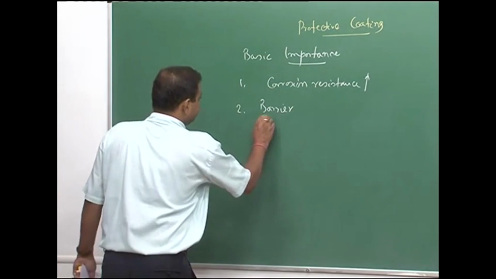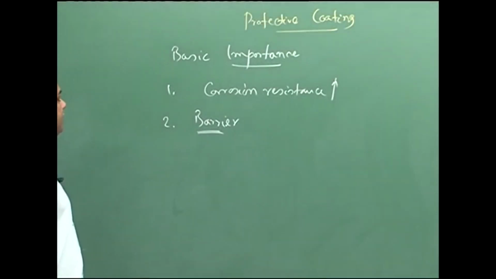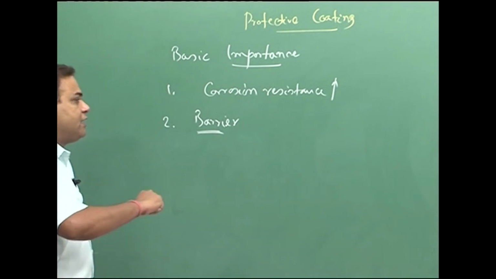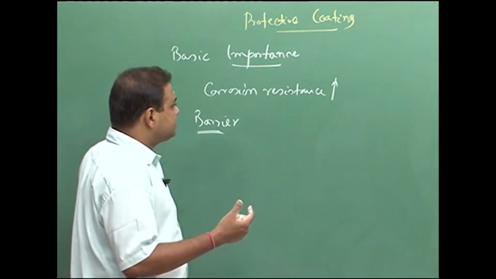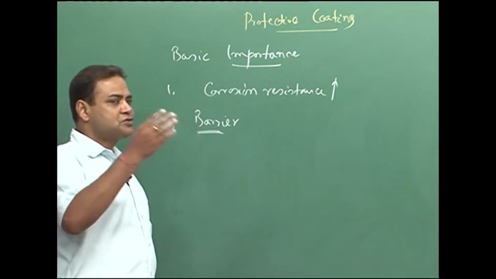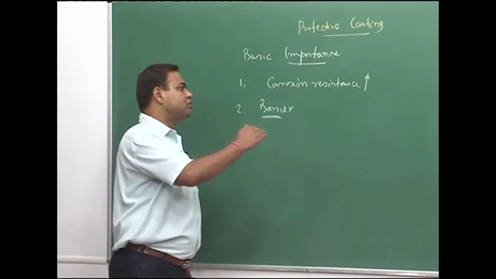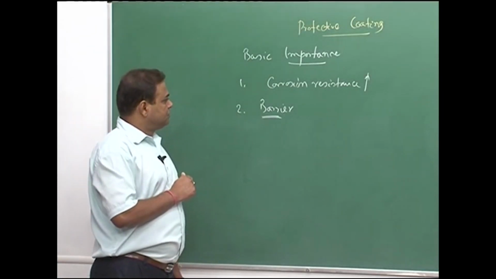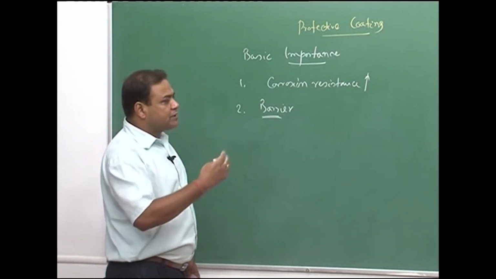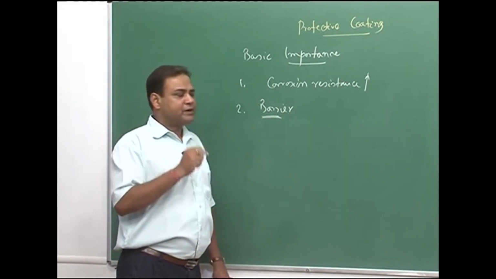So, actually this barrier type of coating, for example, simple paints, they generally do not interact with the species. Actually, they prevent those corrosive species from coming in close contact with the metal surface. So, that anodic or cathodic reaction would not happen on the metal surface.